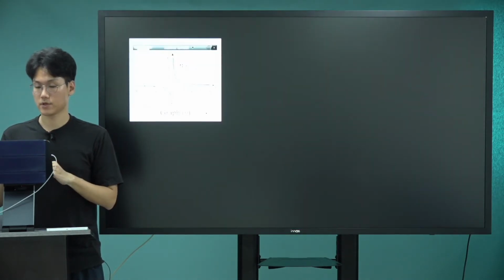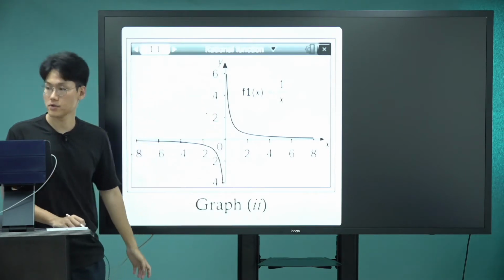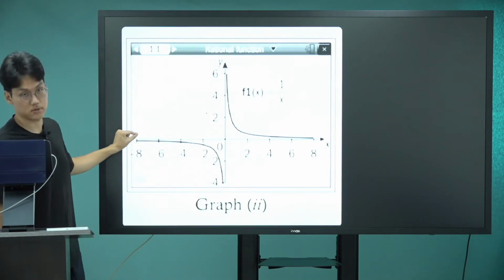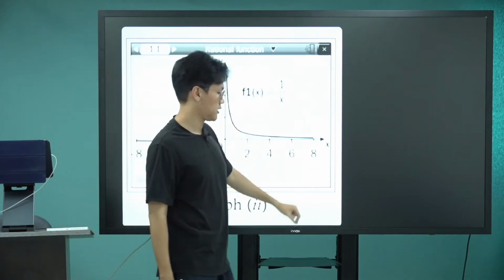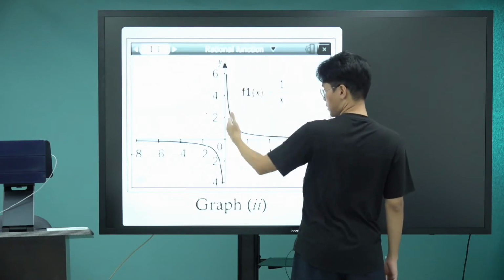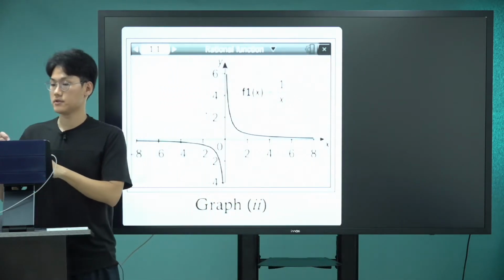Now if you look at the second example, I have a rational function, right? For the rational function, I am able to sketch a certain part, but I have to take my pen off and then sketch the other part along with the vertical asymptote. And that, we call infinite discontinuity.